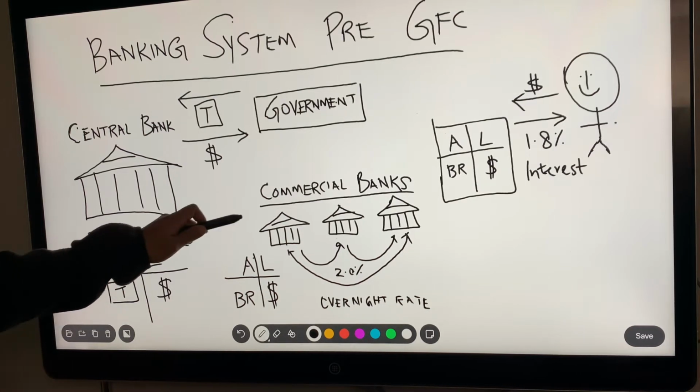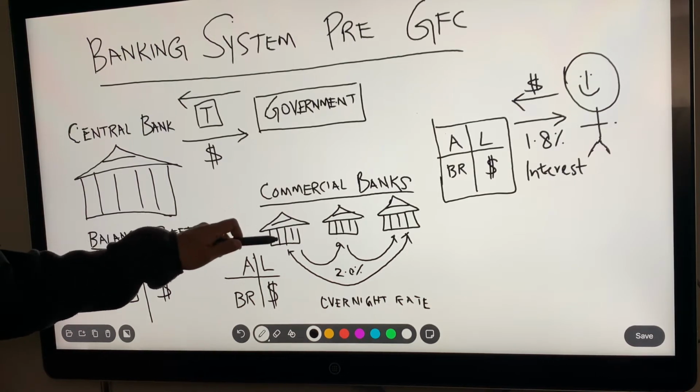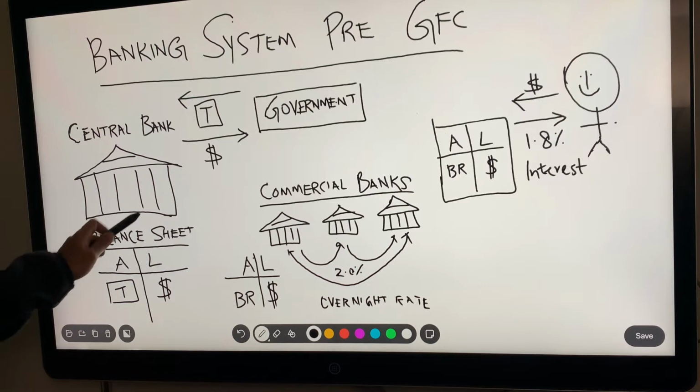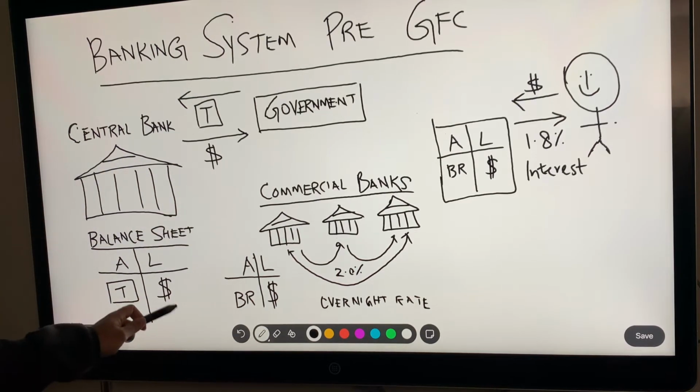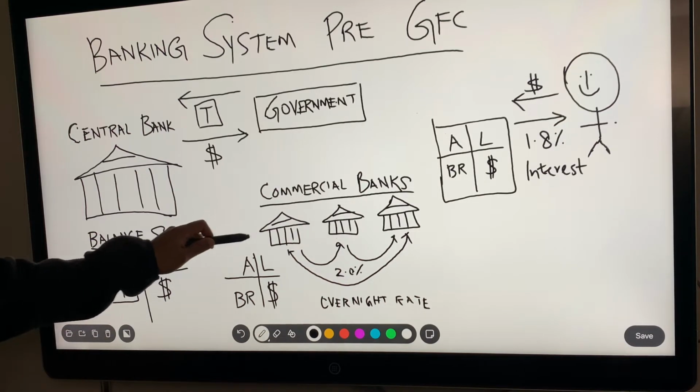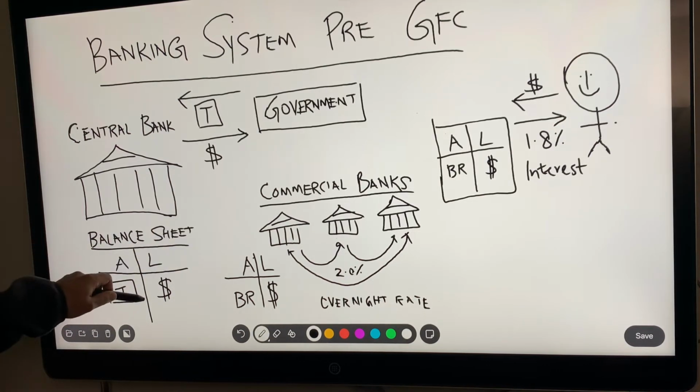And what they do, they have loans and mortgage-backed securities that the central bank also purchases, and in return they create newly printed money and credit this into the commercial bank's account with the central bank.